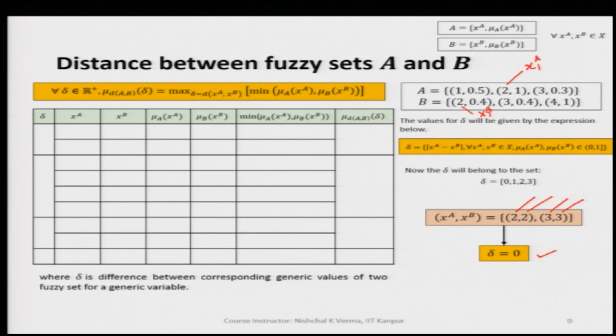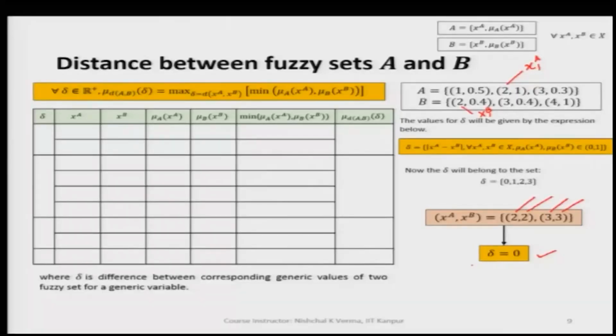We are interested first in finding the difference which is the least, and the least difference is 0, because there cannot be any value of delta below 0, since we are interested in finding the distance, and distance will be only a real positive value. So, the least difference is going to be delta equal to 0.